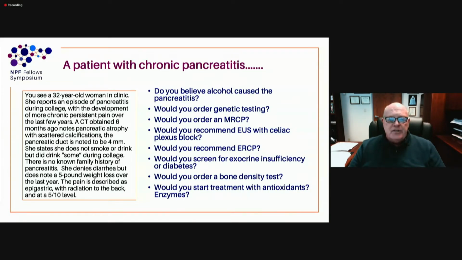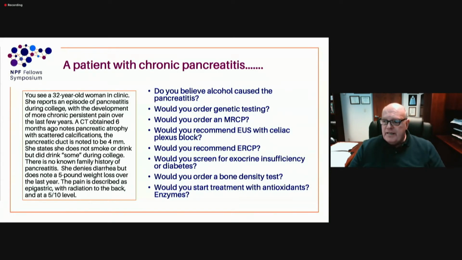So that's the patient. Some questions I might ask you. Do you believe alcohol causes pancreatitis? Would you order genetic testing? Would you order an MRCP? Would you recommend EUS with a celiac plexus block to treat the pain? Would you recommend an ERCP? Would you perform some screen for exocrine insufficiency or diabetes?